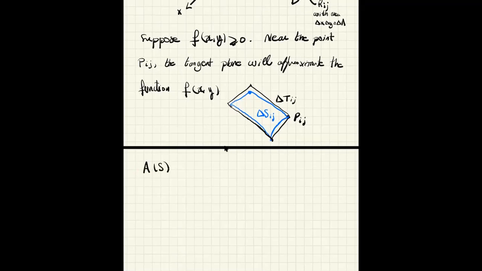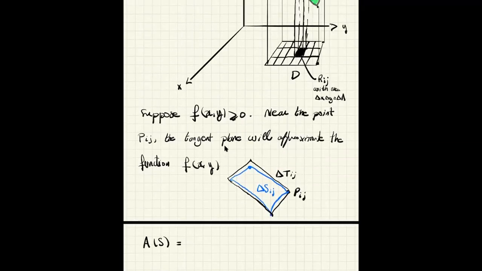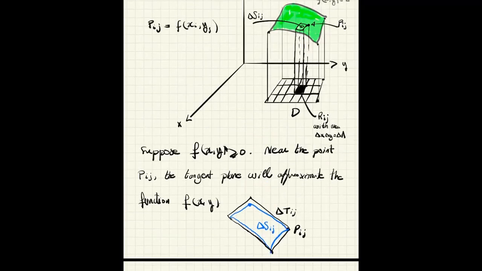So the surface area will be the sum of all of these, right? Well, let me first do it. First we take the sum of all of these delta Sij's, right? But then as I said, all of these small delta Sij's can be approximated by this very small rectangle that lies just above it.